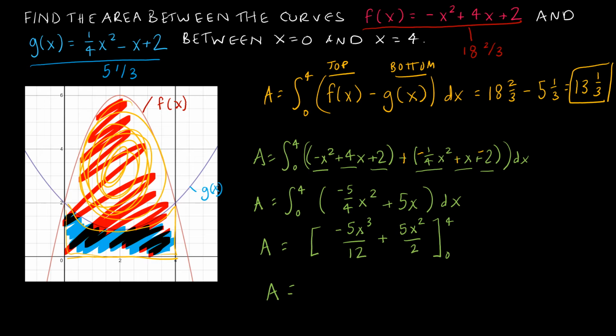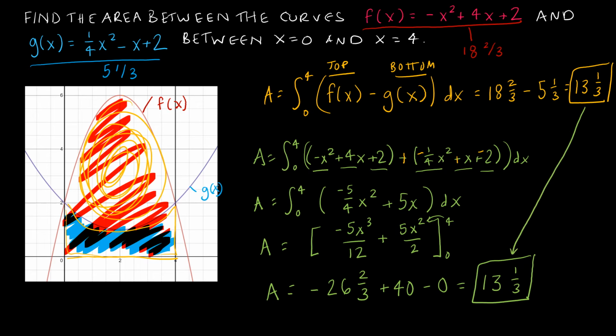So negative 5 times 4 cubed divided by 12 gives me negative 26 and 2/3. Plugging in 4 into 5x squared, so 5 times 4 squared divided by 2 gives me 40. Plugging in 0 gives me 0 and 0. And so combining this, I get 13 and 1/3. So again, notice I had the same answer as I found doing it separately.